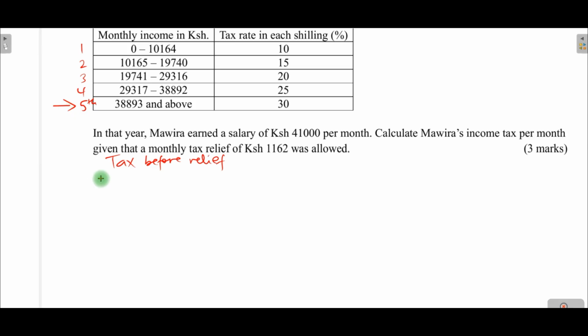And therefore, in the first band, what was the tax due? That is 10,164 times the rate, 10%. And if you work it out, the tax in the first band was 1016.40. Then in the second band, what was the tax due?